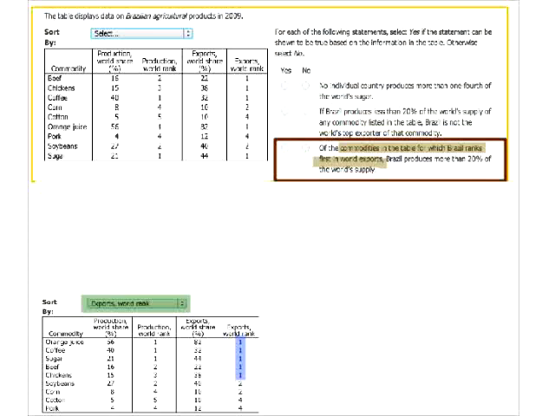Of these commodities, Brazil produces more than 20% of the world's supply. If Brazil produces 20%, let me think about that for a second.